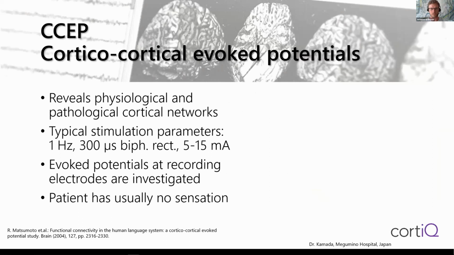Good. So this was quite a large part about ECS because it's so important, but there are also other brain mapping stimulation procedures, for example, CSEPs. Christoph has, I think, also talked a little bit about this. With CSEPs, we can reveal physiological and also pathological cortical networks. So we can stimulate into a cortical location.